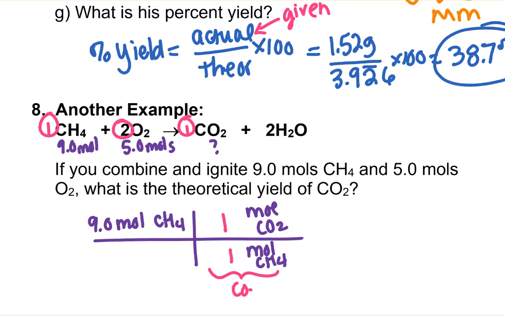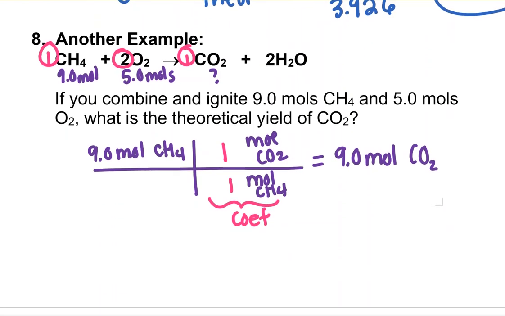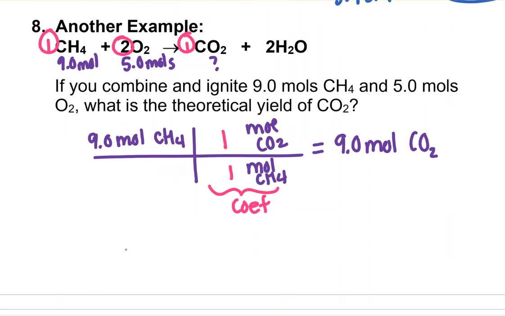Again, this is using the coefficients. It didn't ask for this in grams. If it did, I would use a molar mass, but I'm just going to leave it in moles.